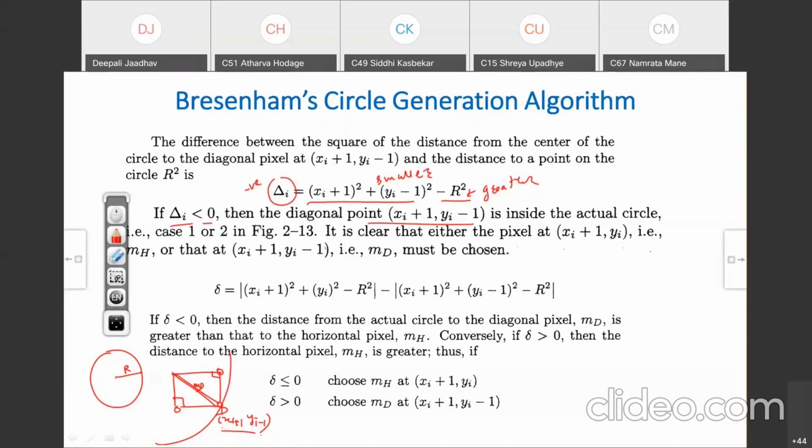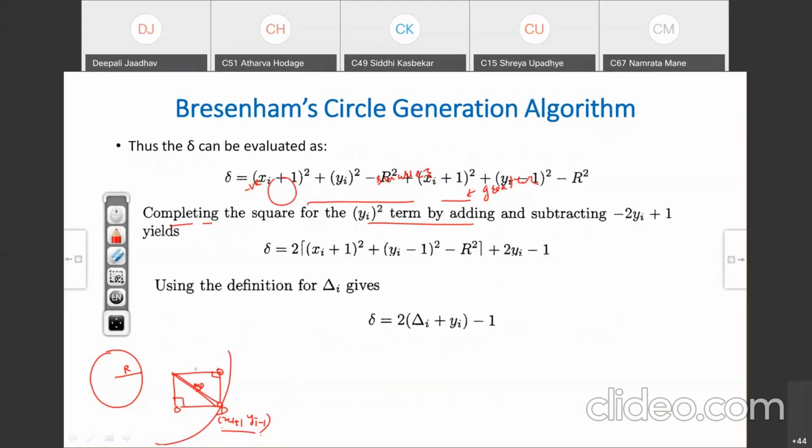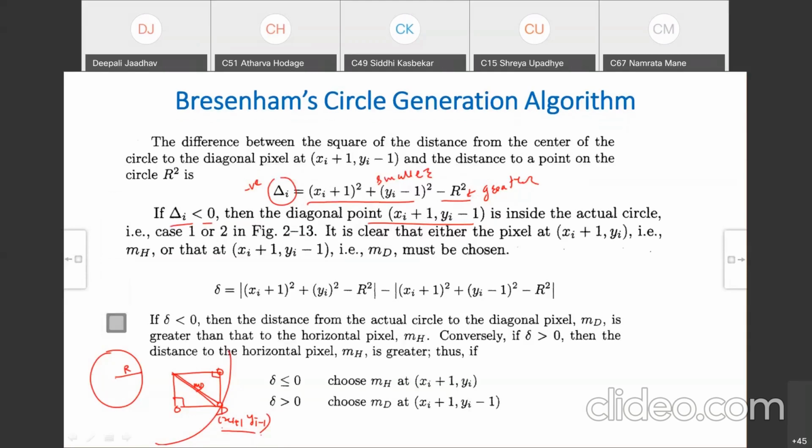So it is clear that either the pixel at xi plus 1, yi, meaning mh, or md is chosen on the circle.